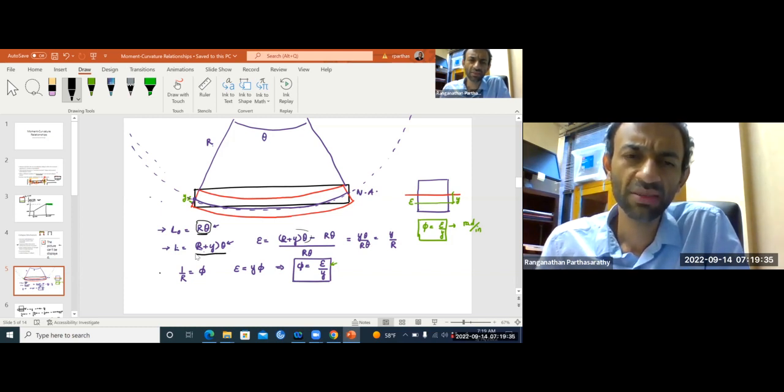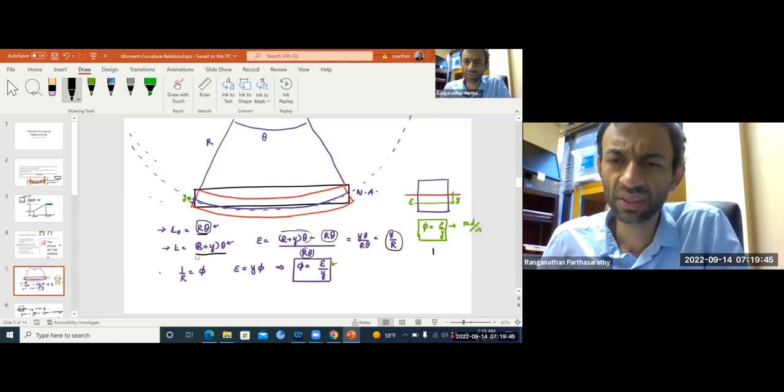So after bending, what is the strain? Final length minus original length by original length, right? So that gives you y over r. 1 over radius of curvature is the curvature. This is nothing but phi, the curvature. You substitute that, and you get epsilon, the strain, is y times the curvature, or curvature is given by strain divided by y.